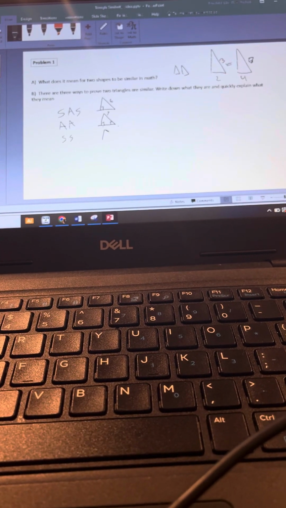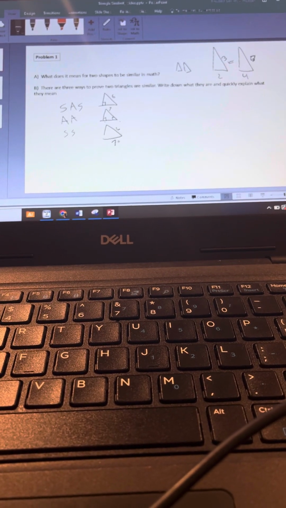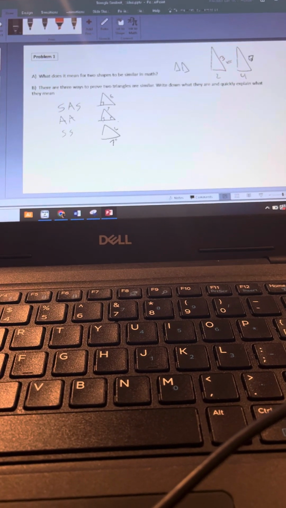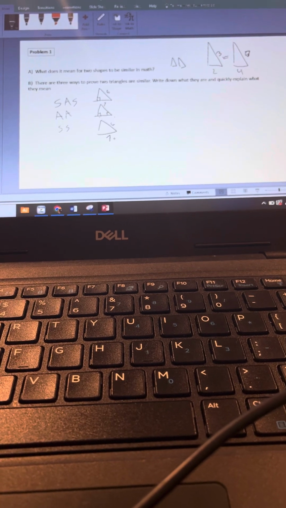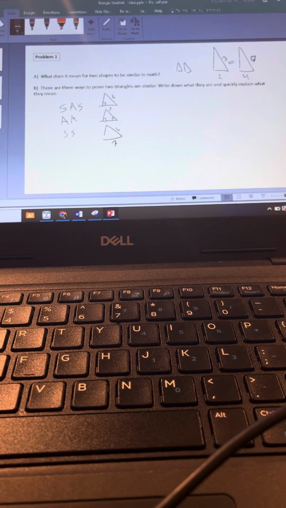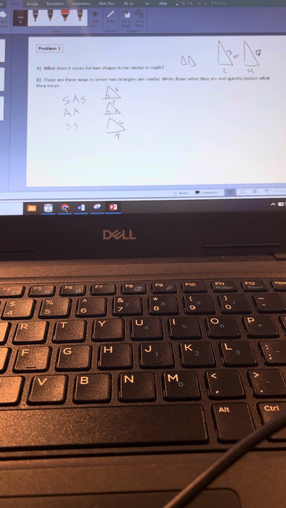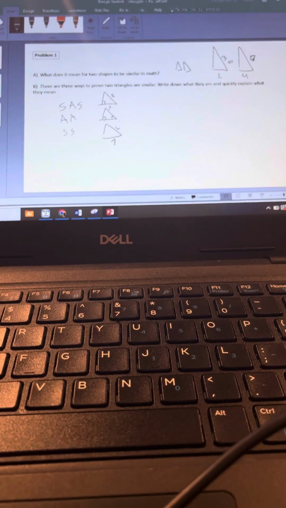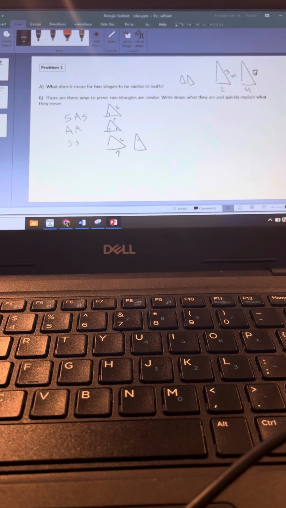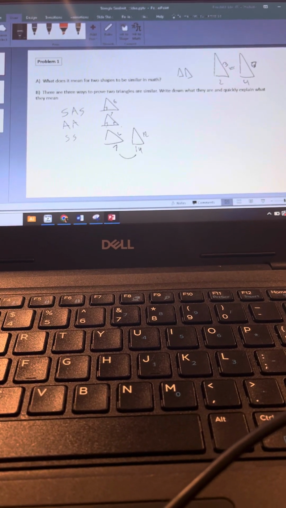And then side is you could have 2 sides. So if you have 6 and 7, so you can figure out this by, if this was 12 and this was 14, then they would be similar because they're both times 2.